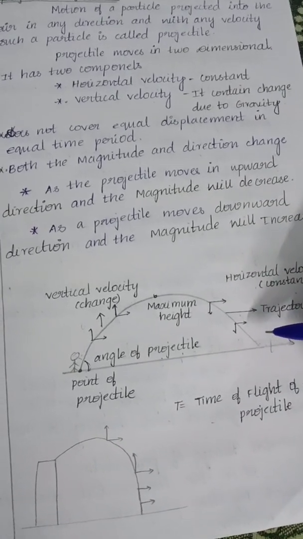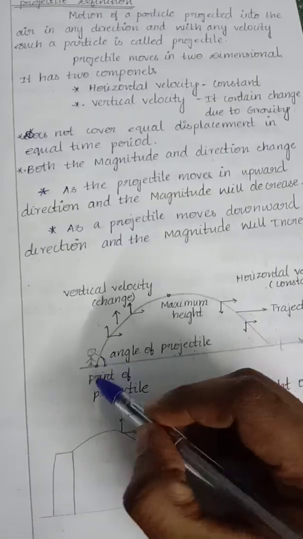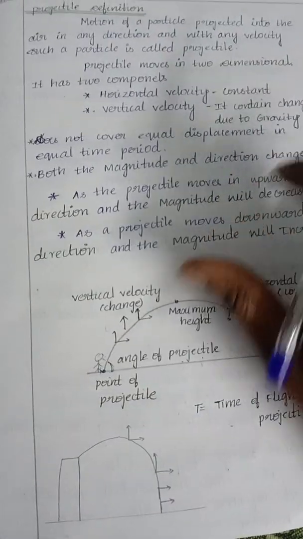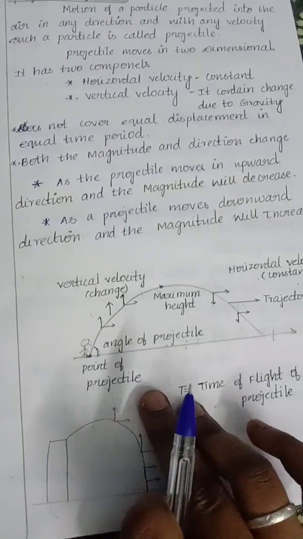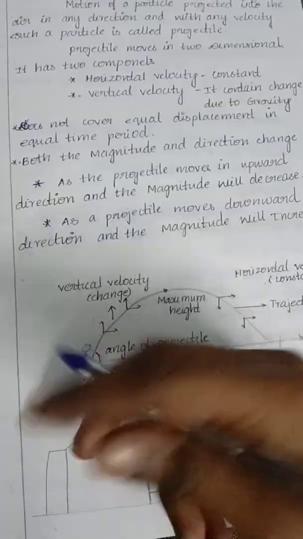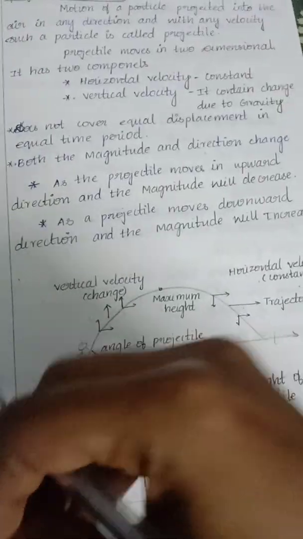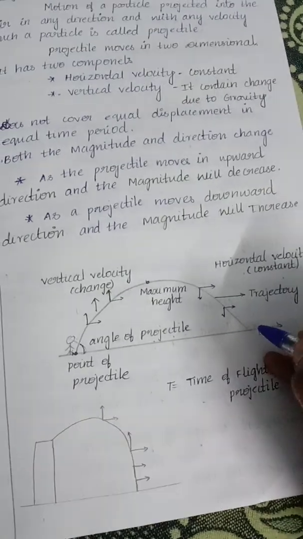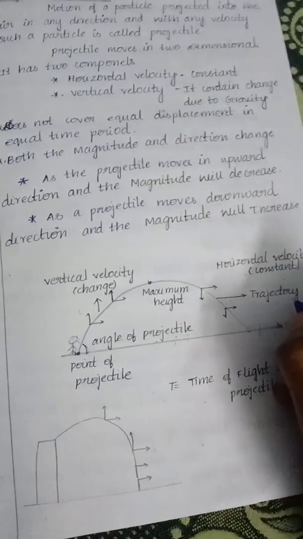The point from where the stone is projected is called the point of projection. The path of the stone covered, from the person's hand to the ground, is the trajectory.